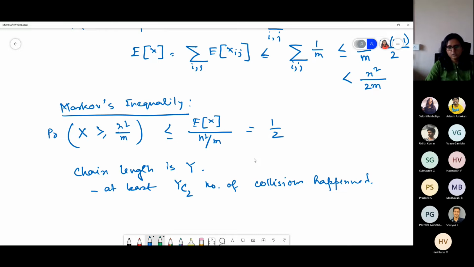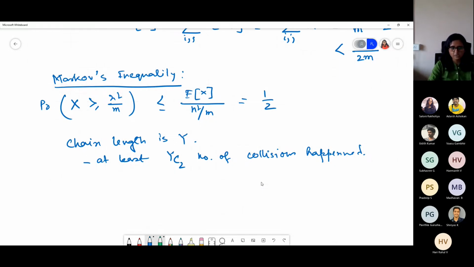So if this number of collisions has happened, now again we try with what is the probability of getting the chain length to be more than n square by n. So that will be the probability of yC2 greater than or equal to n square by m.